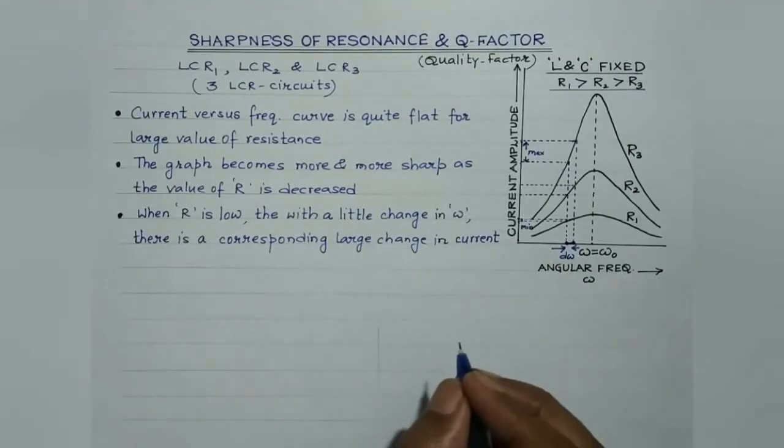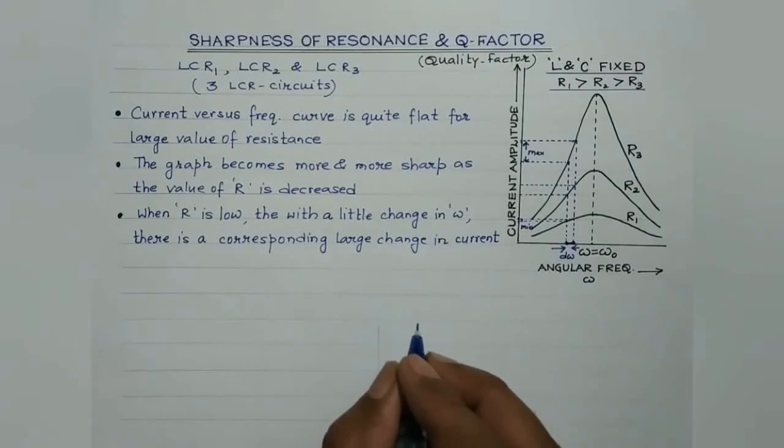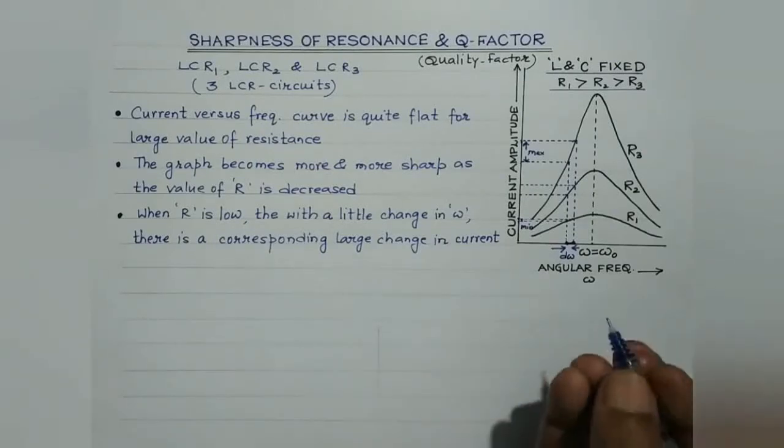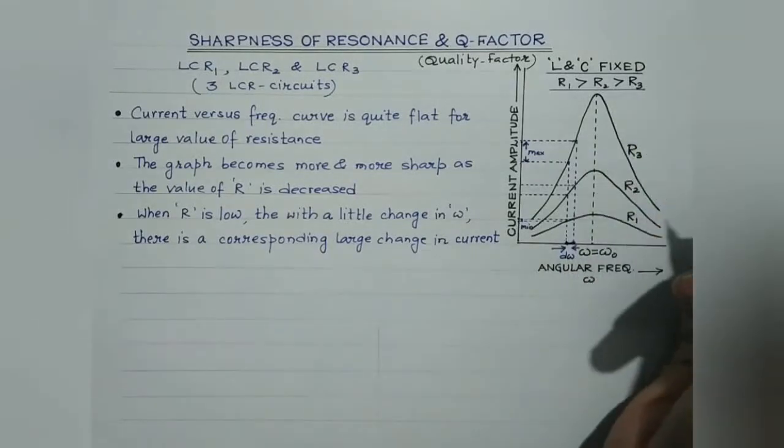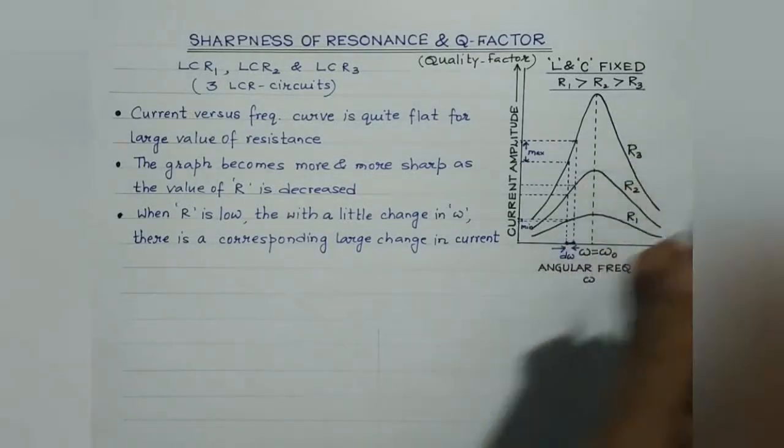Right? So students, such an LCR circuit is said to be more selective. So this is LCR3. This circuit being more sharp is said to be more selective.